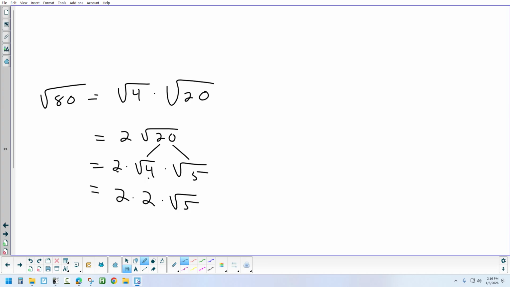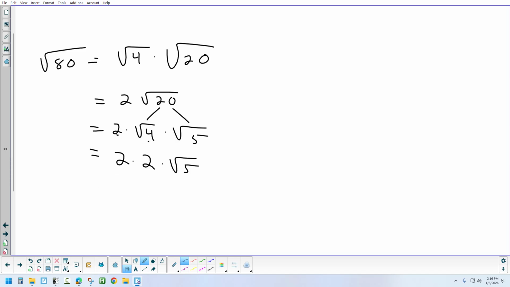So what do I get if I multiply 2 times 2? What's that going to simplify to in this step right here? 4.